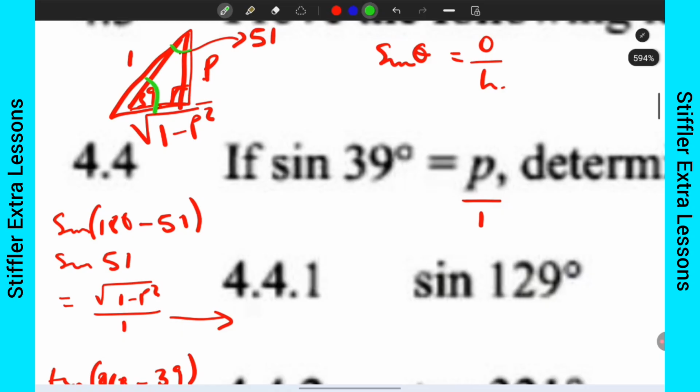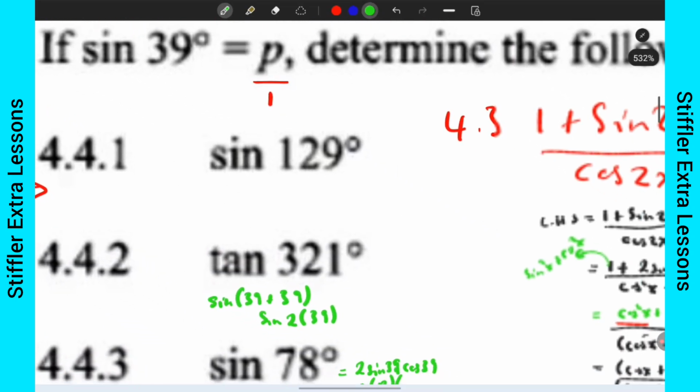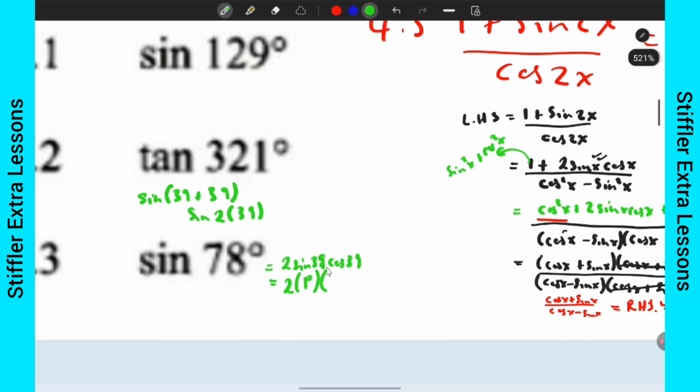Cos 39 will be root of 1 minus p squared over 1. So that will be root of 1 minus p squared, like that. And you can multiply out. So this is 2p multiplied by root of 1 minus p squared. As simple as that. These are free marks.